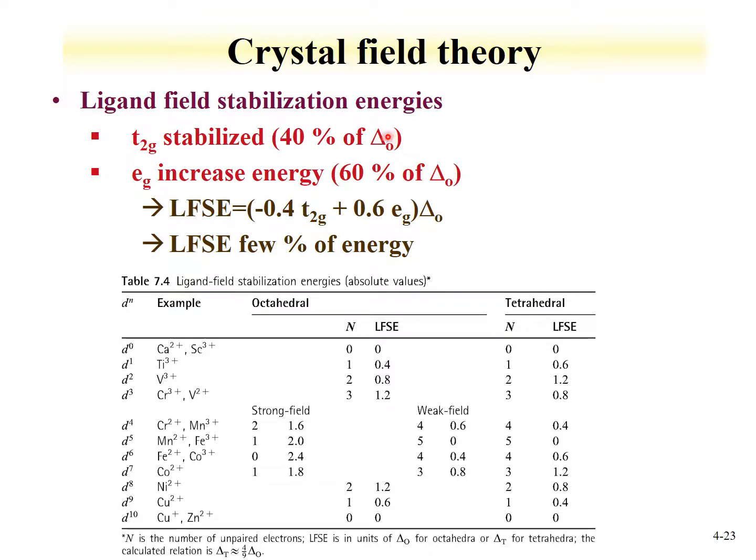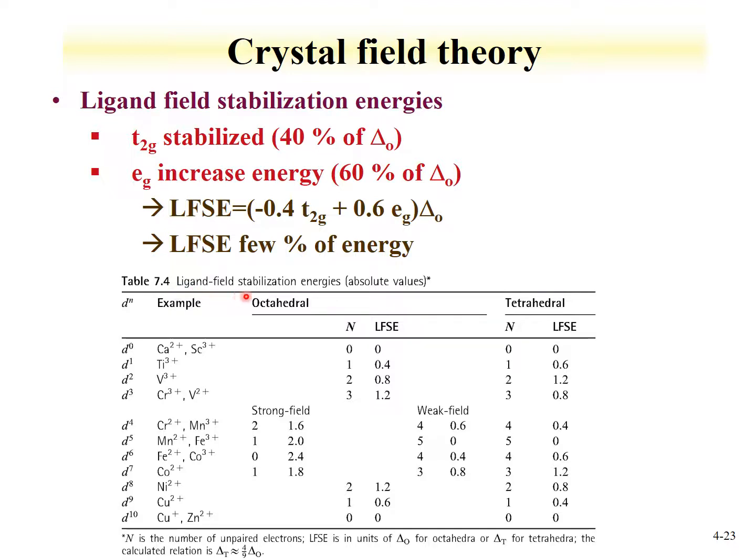The ligand field stabilization energy can actually be evaluated from this field parameter, and we see that the T2g stabilizes the field where the Eg increases the field. So we see that the T2g for the octahedral system tends to be the bonding orbitals, where the Eg can be the non-bonding orbitals.